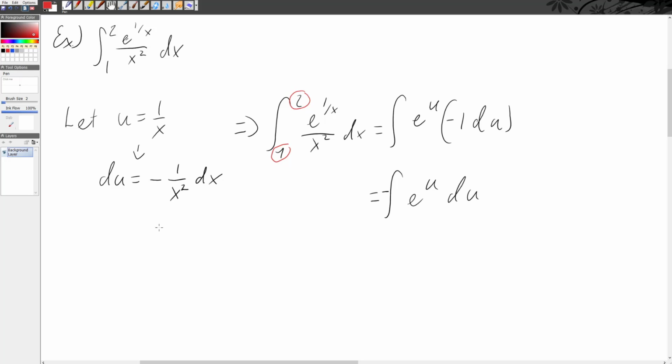What I mean is going to be the following. Since u is equal to 1 over x, the new limit of integration is going to be substituting the value for x using the lower and upper limit of integration.